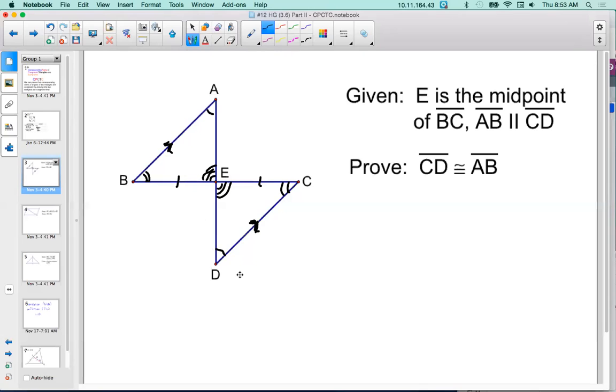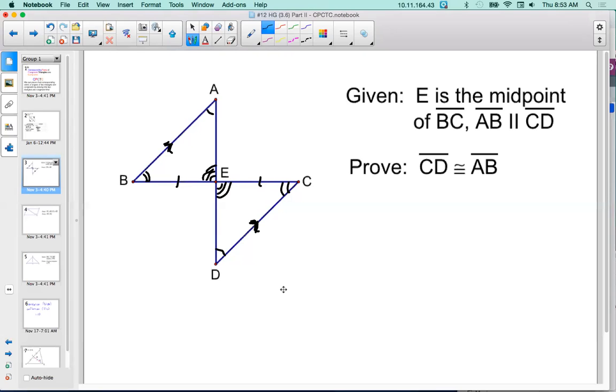Now, if you remember, angle, angle, angle is not a congruence theorem. That's a similarity theorem. So we couldn't use that here to prove the triangles are congruent. But we do have this one pair of sides that we're going to be able to use based on our midpoint. That should be enough.